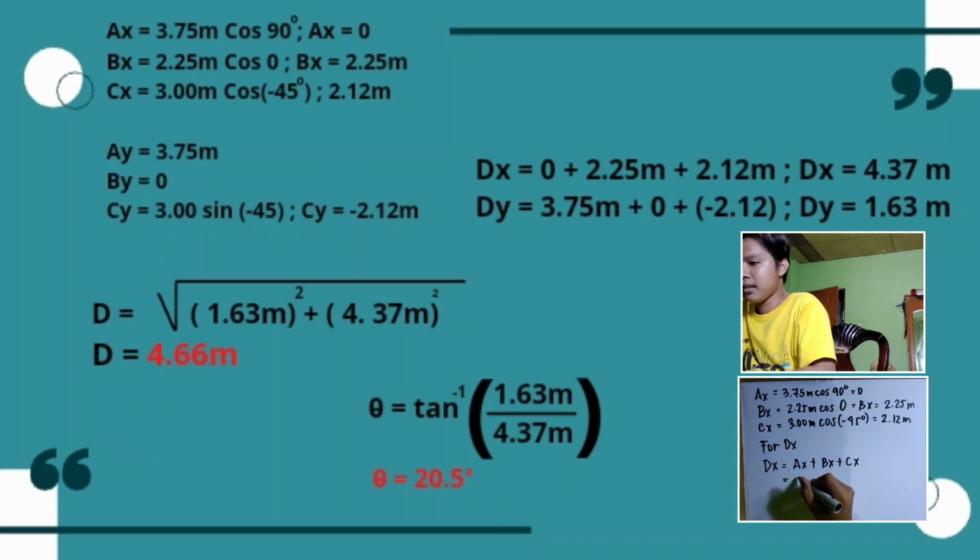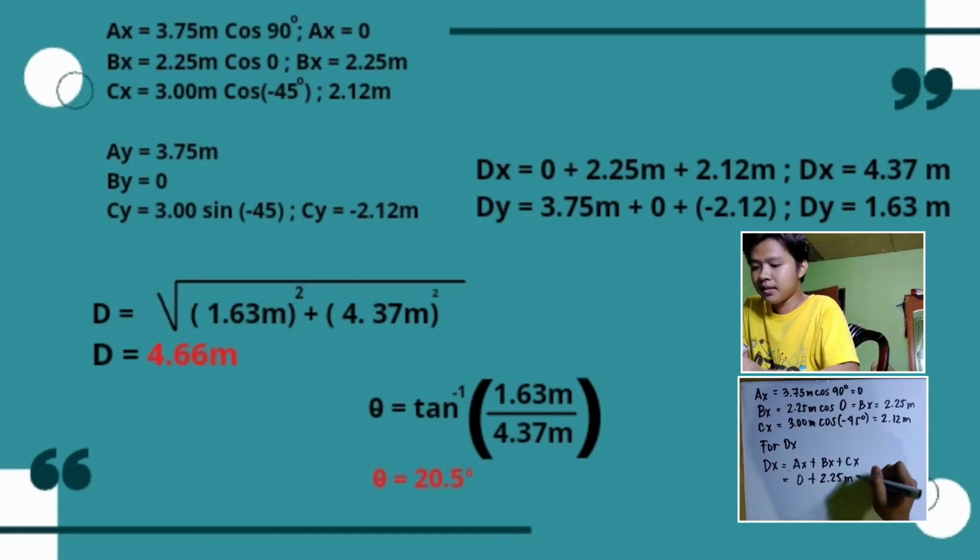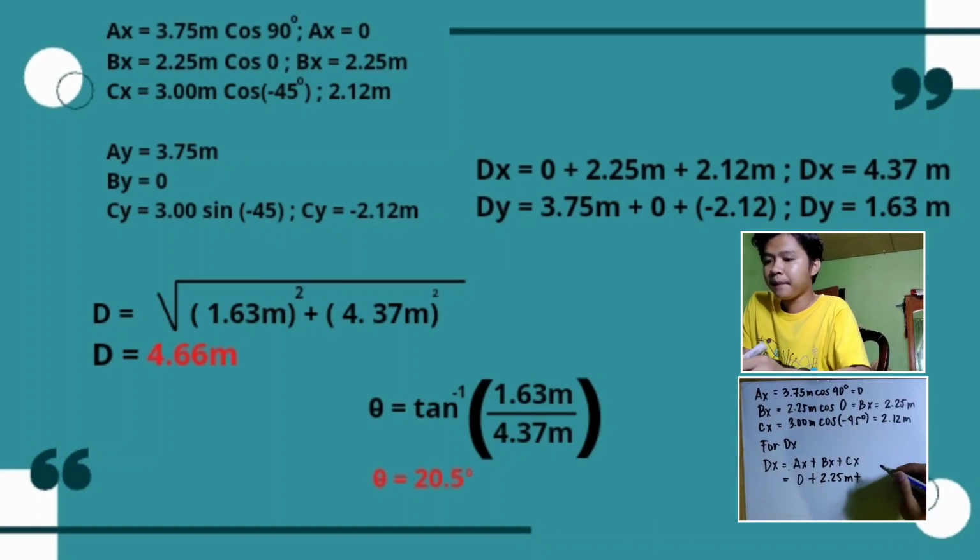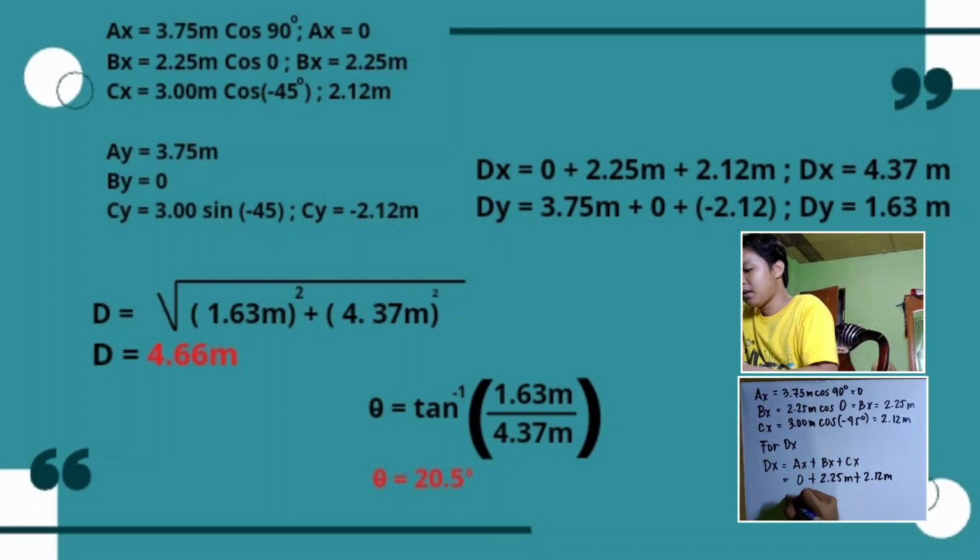So a sub x is equal to 0, plus b sub x which is 2.25 meters, then plus c sub x or 2.12 meters. So our answer is d sub x equals 4.37 meters.